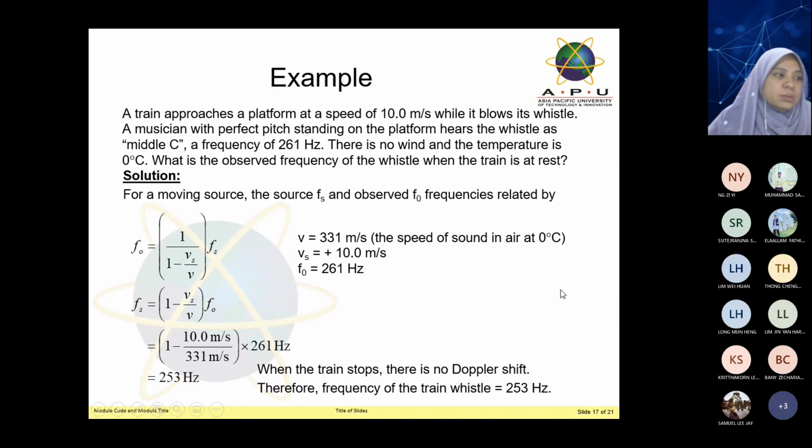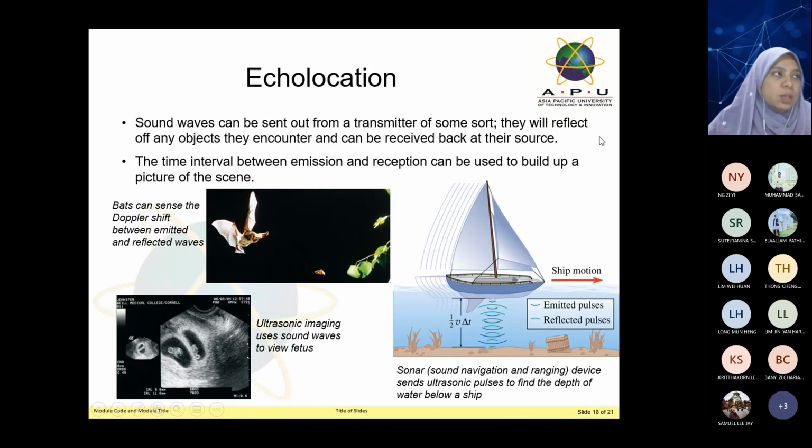Next is echolocation. Sound waves can be sent out from a transmitter or some sort. They will reflect off any object they encounter and can be received back at their source.